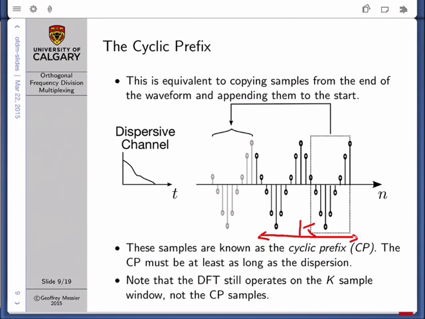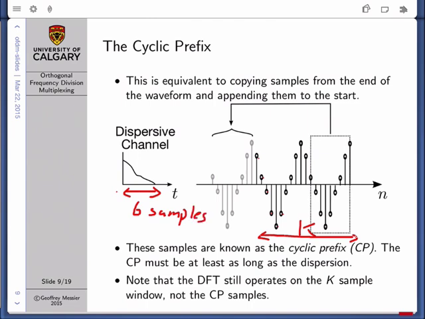And our dispersive channel has this much width, which corresponds to, in this diagram, let's say maybe 1, 2, 3, 4, 5, 6 samples, right? So the dispersive channel will smear 6 samples together.